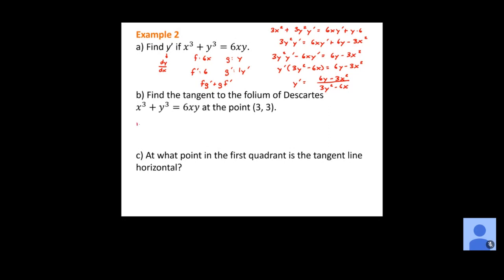So this time it's going to be m equals, we have our x value, we have our y value. So we get 6 times 3 minus 3 times 3 squared all over 3 times 3 squared minus 6 times 3.